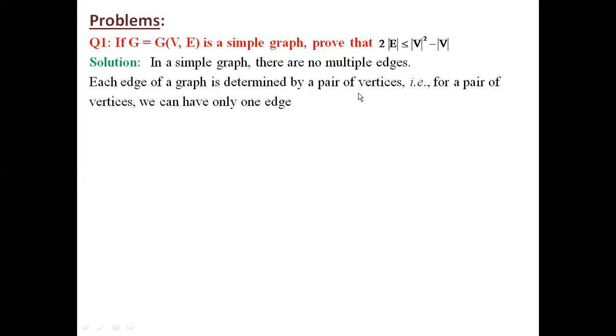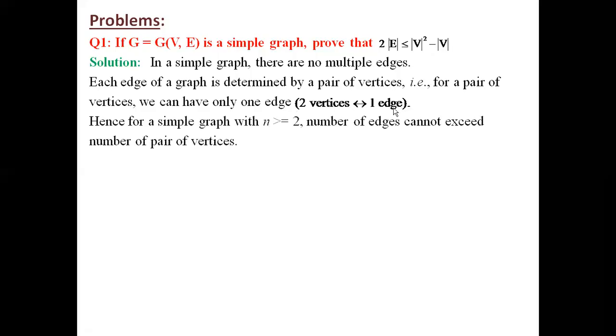Every edge is joined to two vertices only. For a pair of vertices, we have only one edge. That is the meaning of this. So for every pair of vertices, we have only one edge. So two vertices correspond to one edge, we can say.